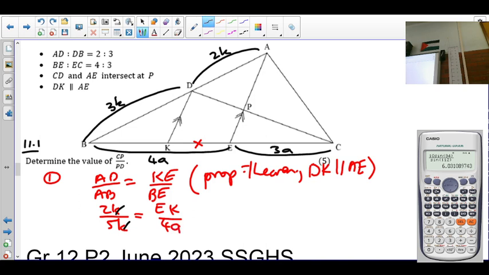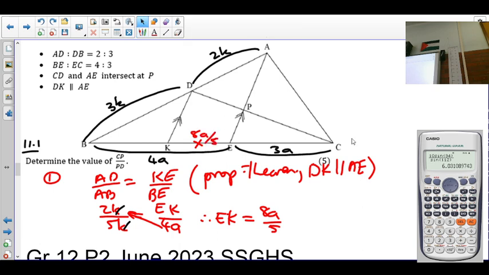Of course the K's cancel, cross multiply, so EK is equal to 4A times 2, which is 8A over 5. So that's 8A over 5, or 8 over 5A.